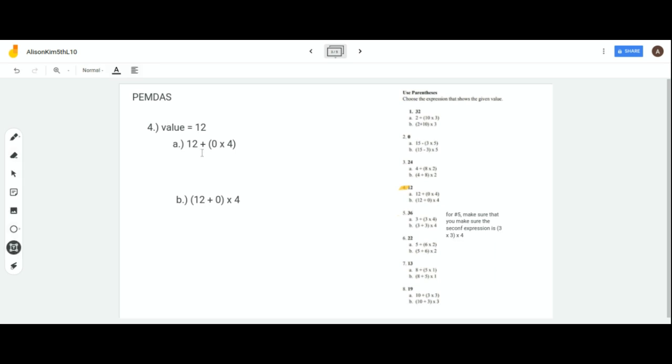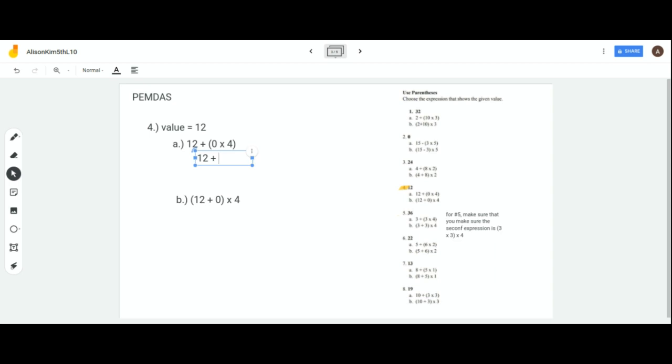When it gives us 12 plus parentheses 0 times 4 parentheses, we know that the first letter in PEMDAS is P, which stands for parentheses. So we need to do the expression inside the parentheses first. We're going to get 12 plus what? 0 times 4 is what?